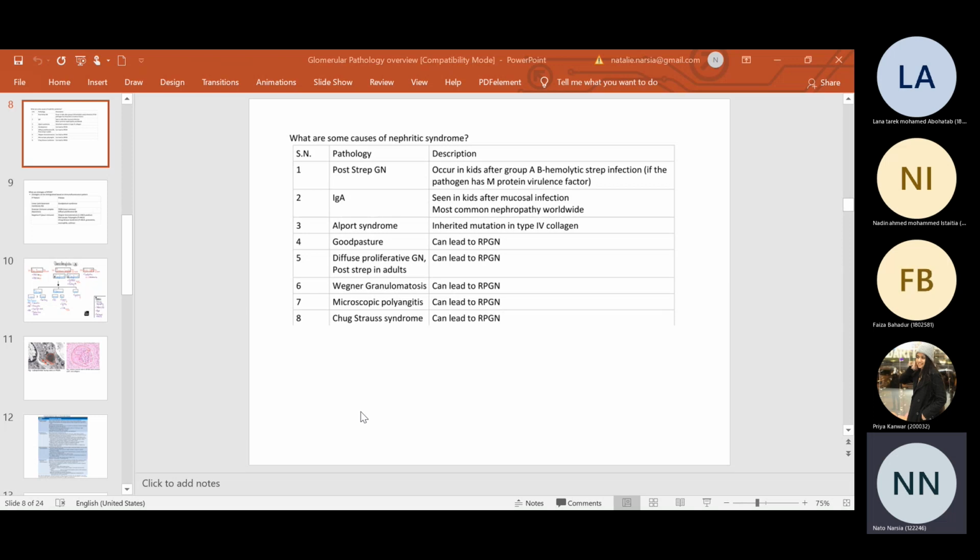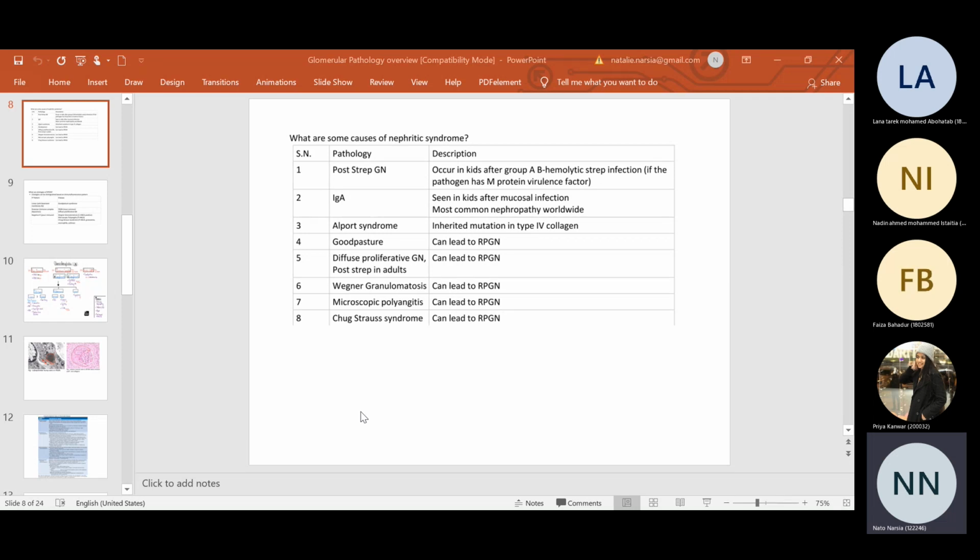Thinning and splitting. And for that reason, as you have this splitting and thinning of basement membrane, it's going to result in isolated hematuria. Okay, so hematuria you will have, and you know that if you find hematuria, that is nephritic syndrome. Okay, but you cannot make diagnosis of Alport syndrome based on hematuria only.